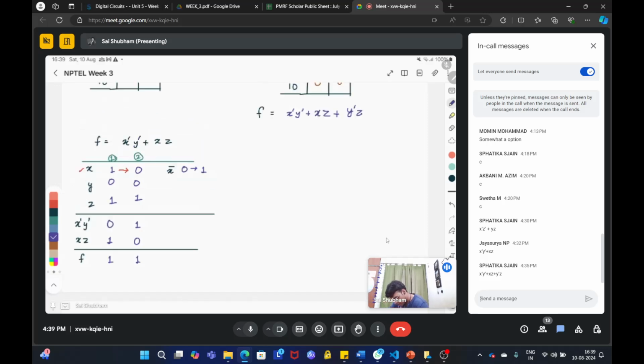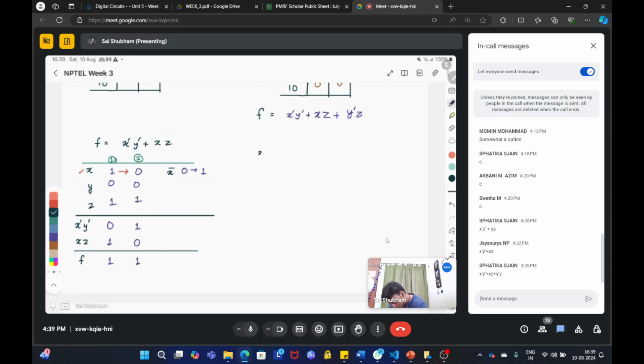Suppose I have a circuit like this. There are some inputs. Then, in order to generate x bar, I will have an inverter, which will generate x bar. This is x bar, and this will be fed into another circuit, which will have y bar, z bar, suppose anything, and this will give you the output.